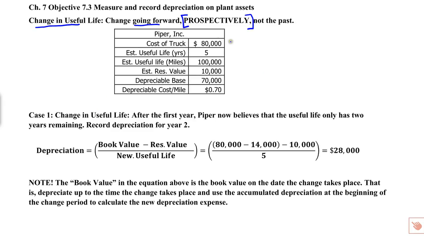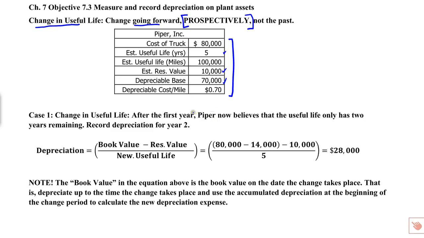So we're going to have our same example from the other videos if you saw those. Here's the truck: 80,000 cost, 5-year useful life, 10,000 residual value. So the depreciable base is 70,000. We're going to do this problem in a straight line context because that's the easiest depreciation to calculate, and we want to focus on the change in useful life.